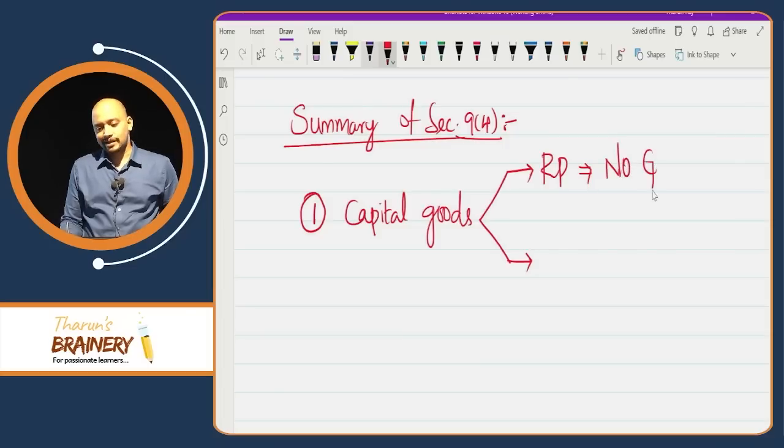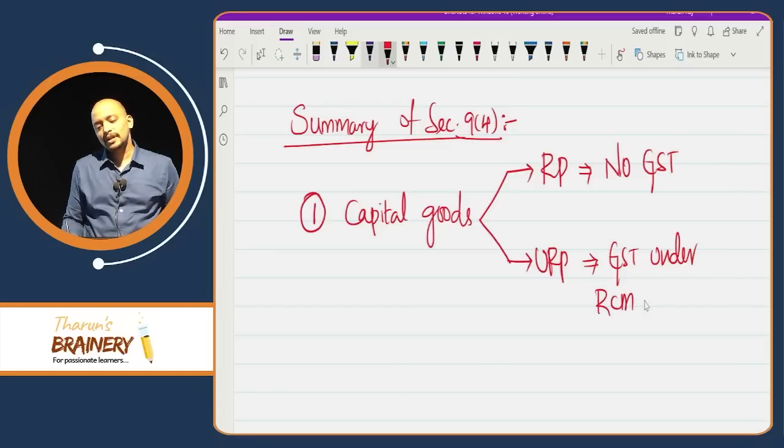No GST. Suppose you buy from an unregistered person, GST under RCM at what rate? At applicable rates. That is step number 1.